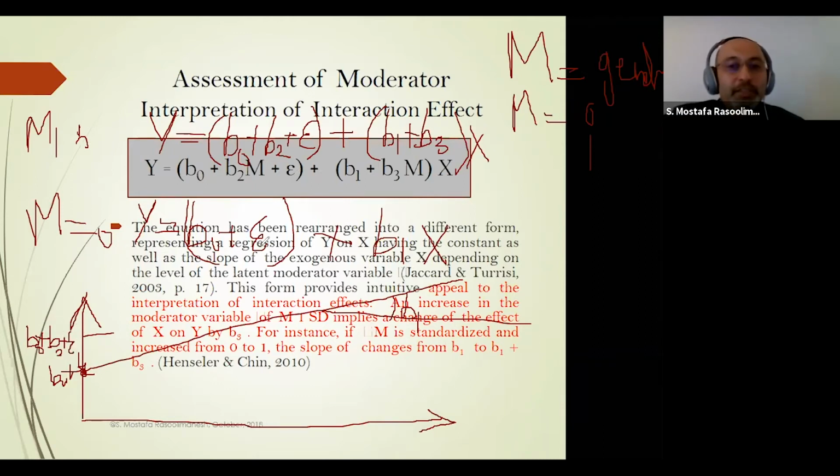But what's the slope of this line? The beta coefficient for this line is B1 plus B3.